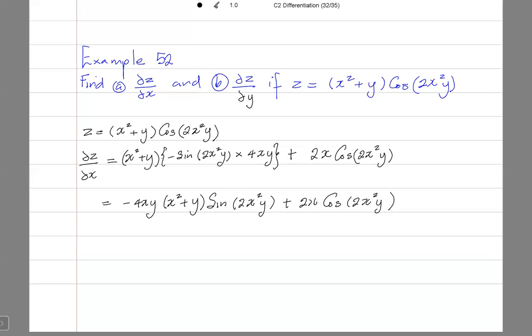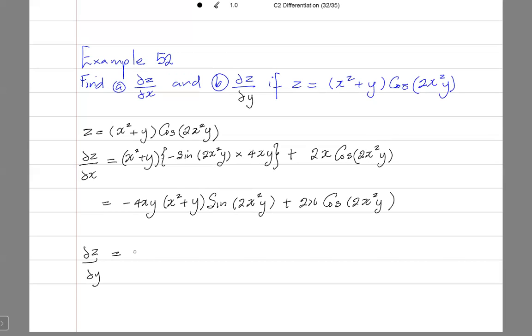Let's partially differentiate the same function with respect to y. So del z by del y. All right, this time around, I'm going to treat x as a constant. I'm going to leave the first because it's still a product differentiation.